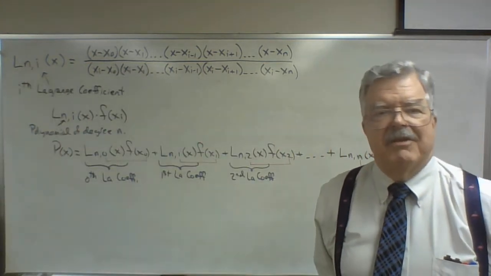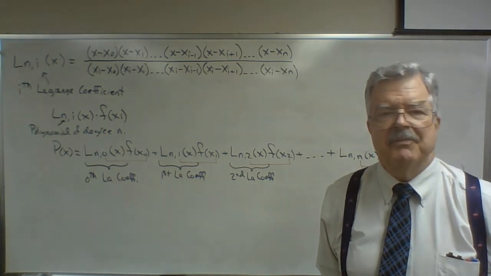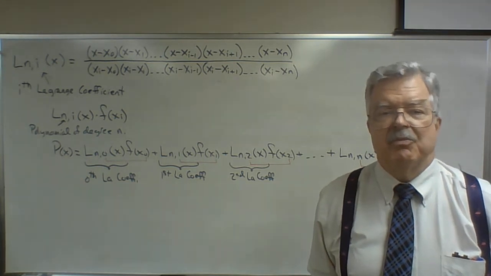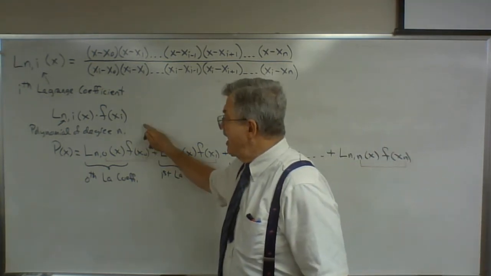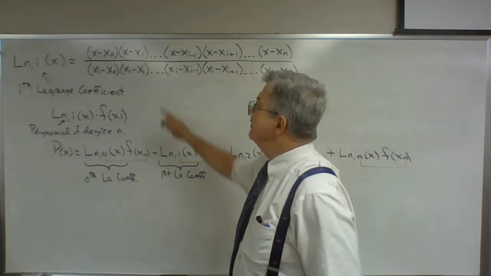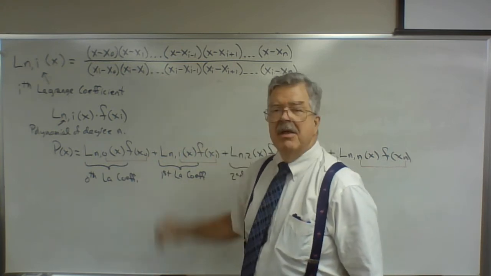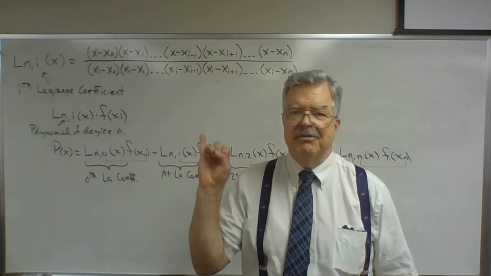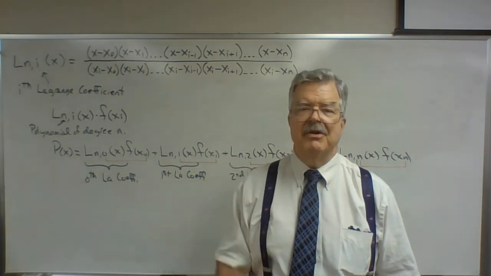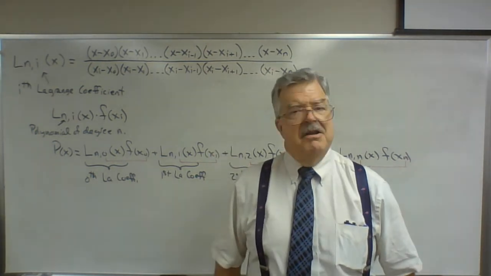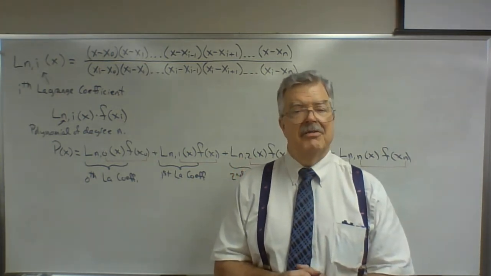Now let's take a break for technical details for a minute or two. Let's not write out the ith Lagrange coefficient like I have up here. I'll keep this up here to use as a model. But let's write the zeroth Lagrange coefficient, the first Lagrange coefficient, and the second Lagrange coefficient, not using constants, but using real numbers so that we can see how this works.